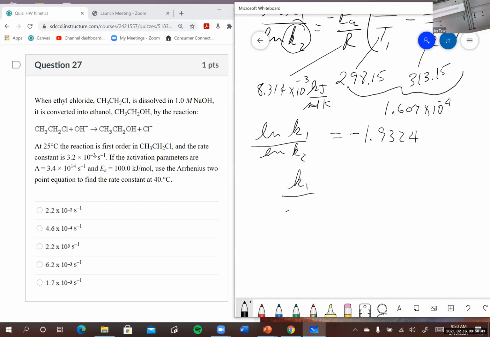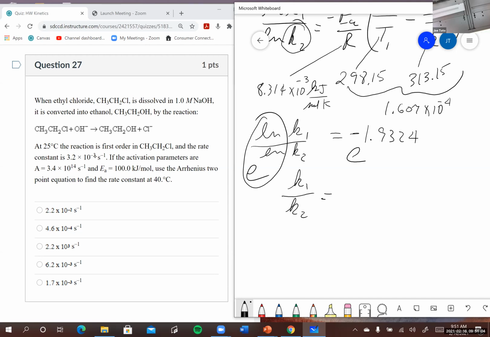When I take the inverse natural log, what I'm doing is I'm just taking e to this side and e to that side. And when I do that, that's the inverse function of ln, so it gets rid of the ln.